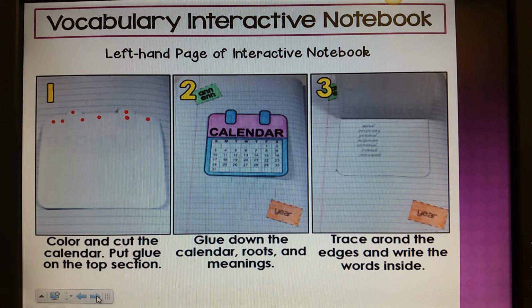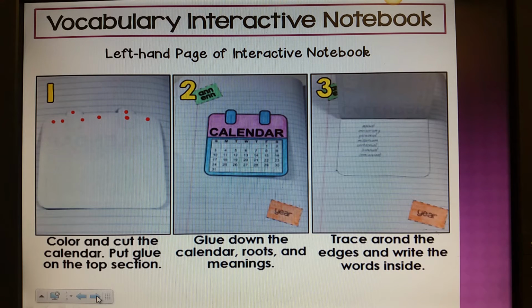Today in our vocabulary interactive notebook, you will add the pieces to help you to remember these roots. So first you will color and cut the calendar to put the glue on the top section. The calendar is for you to remember that this is something that happens yearly. So that is the visual that you will use to remember this root.